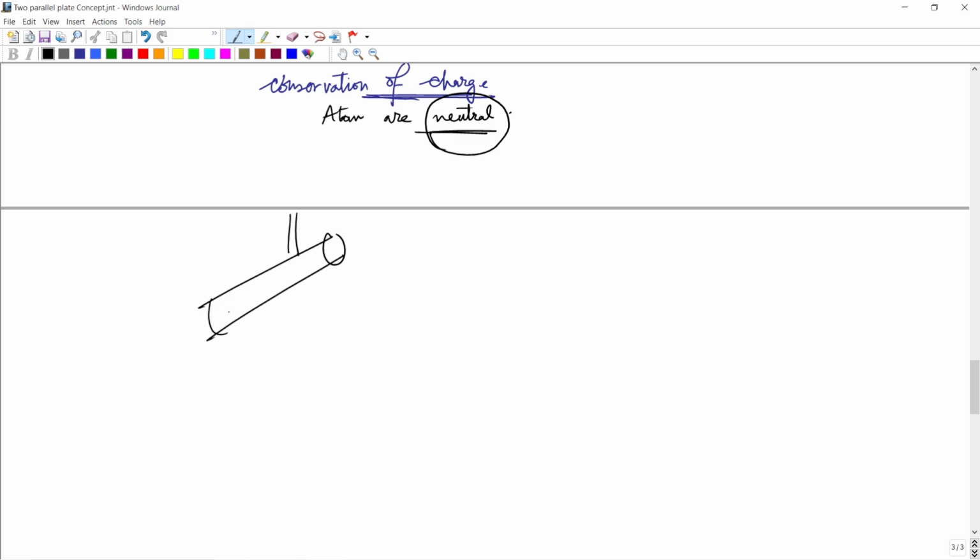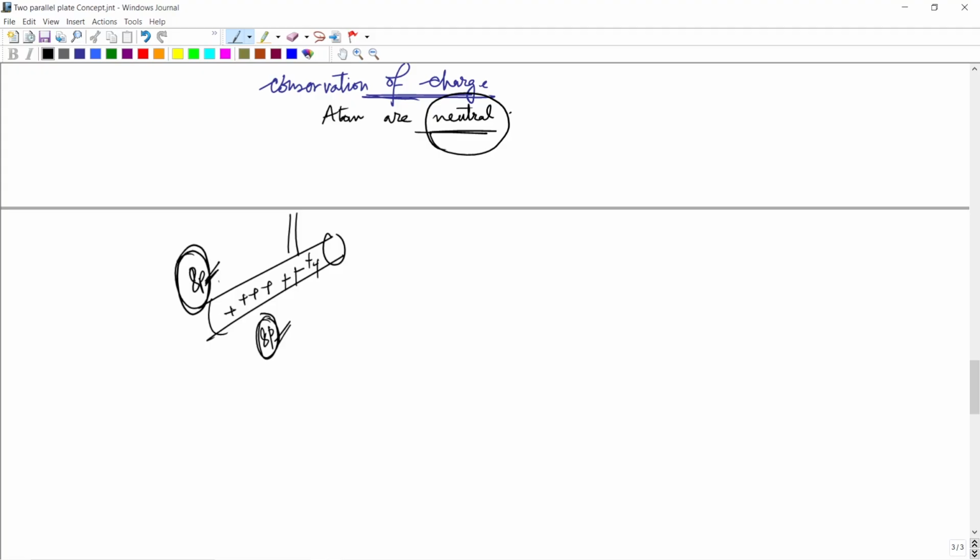Before rubbing, the glass rod has 4 positive and 4 negative charges, so 8 particles, ignoring neutrons. After rubbing, the glass rod still has 8 charged particles.